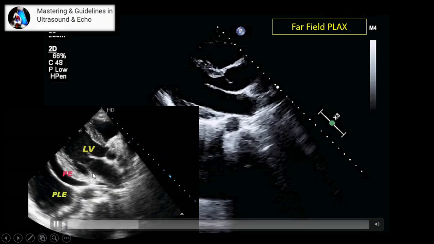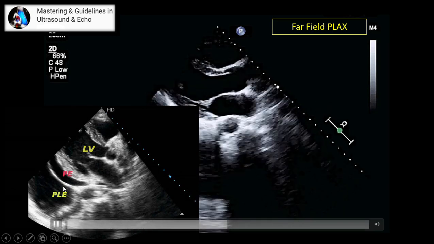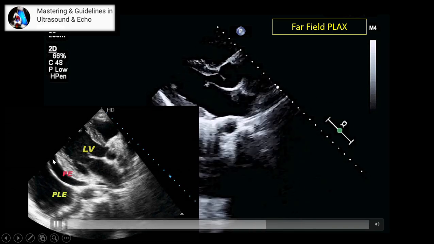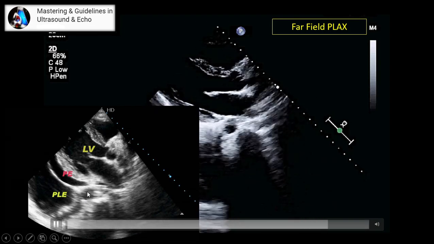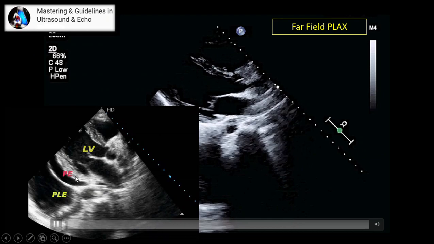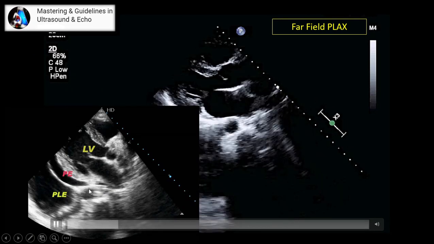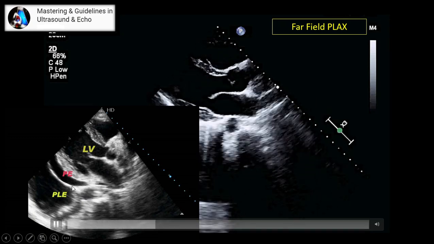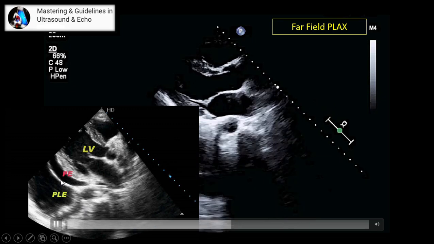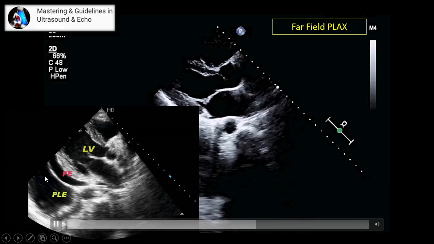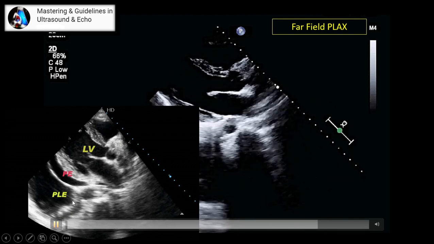The best criterion for differentiating these two fluids from each other is their relation to the descending thoracic aorta. If the end of the fluid packet is anterior to the aorta like this, it will be pericardial effusion, PE.